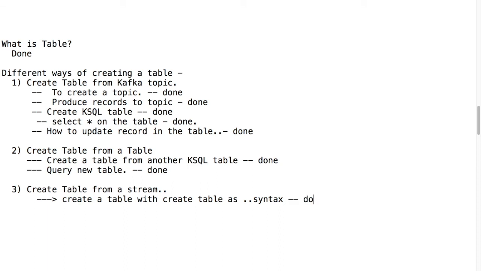This is also done, and querying the table we have also seen. And one interesting thing we saw was the difference of key in the underlying stream and the table that we created from that stream. The metadata part we also checked.